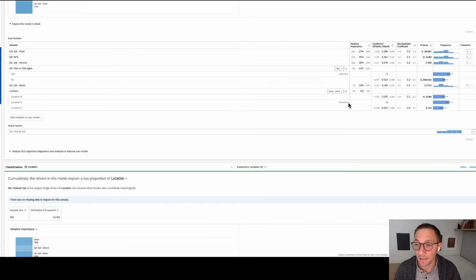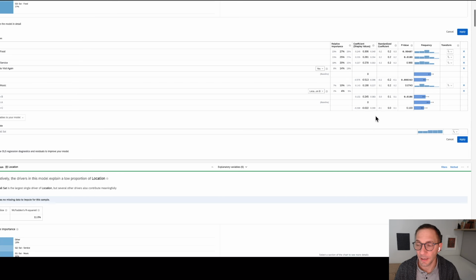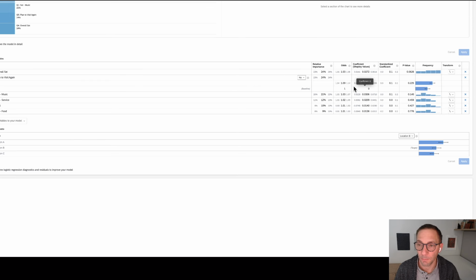Location A, this is our baseline. So between location A and B, location B seemed to have higher overall satisfaction. And that's while holding all these other ones constant. But we can't really predict the difference between location A and location C. Let me try using location B as my baseline, B for base.